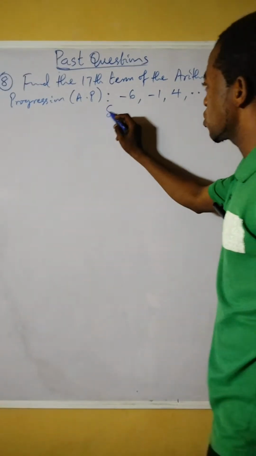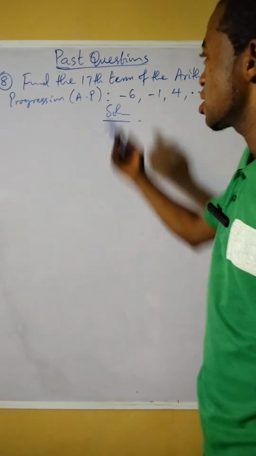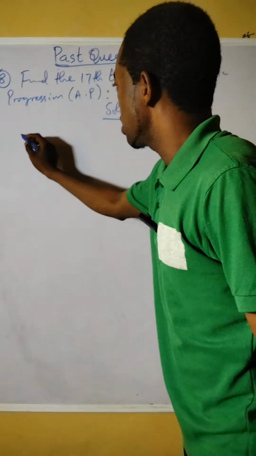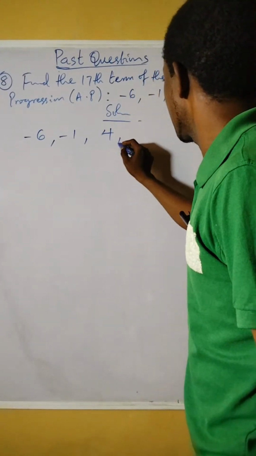Now, in this question, what you are finding is clear. You are finding the 17th term in this AP, -6, -1, 4.